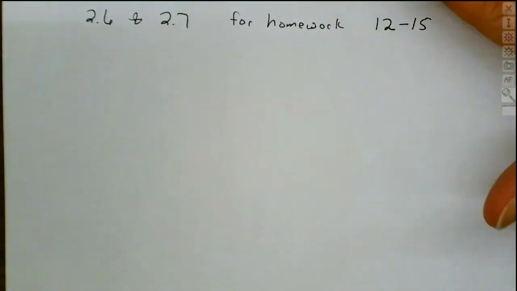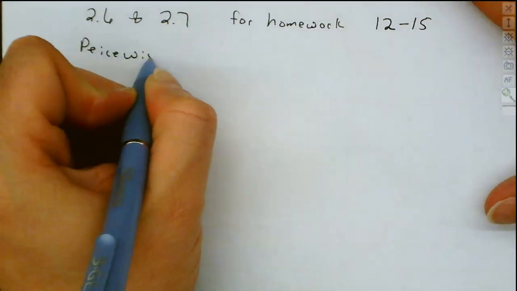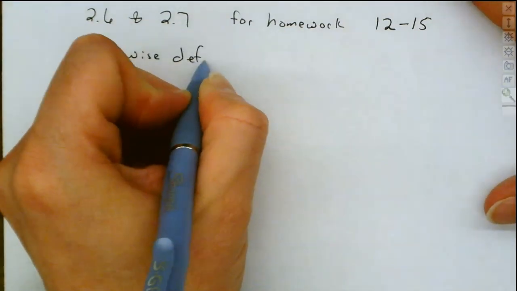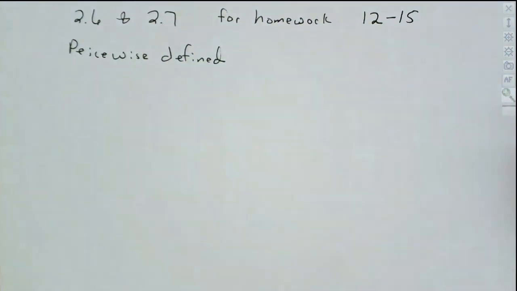Now, these are piecewise defined functions. It says in the name, piecewise defined. So that means we're going to have to do it in pieces or parts. So these are discontinuous functions, and they have to be done in pieces.